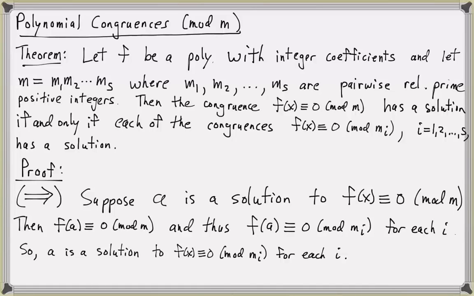Now let's prove the reverse implication. So I'm going to assume that each of the congruences f of x congruent to 0 mod mi is solvable. So for each i I can find a solution. Let's call it ai.